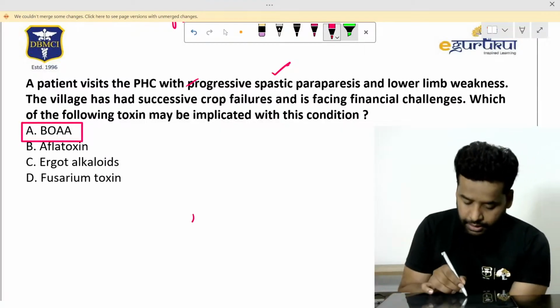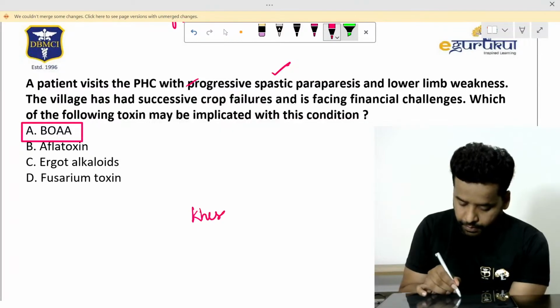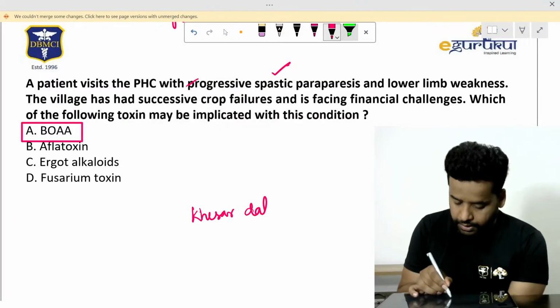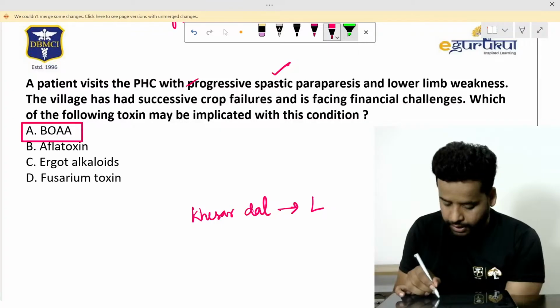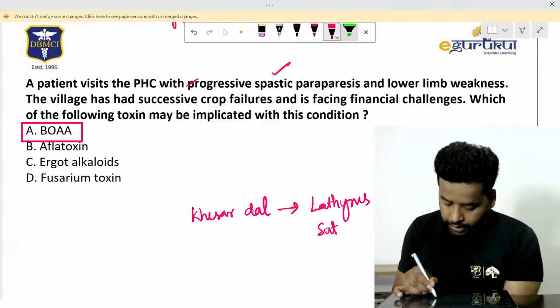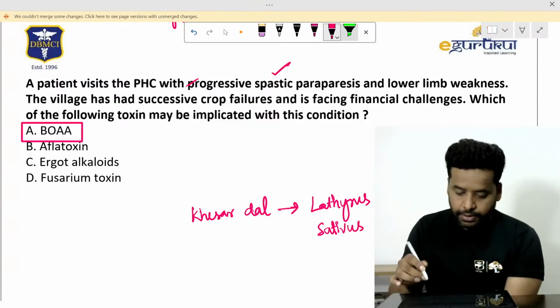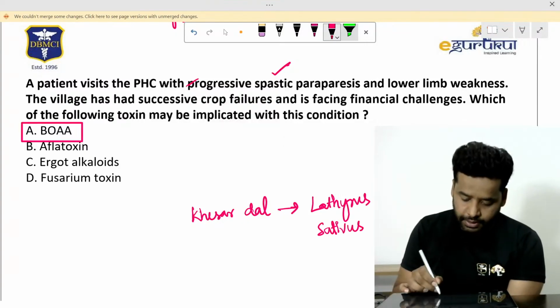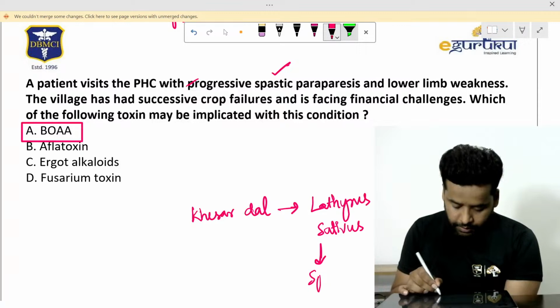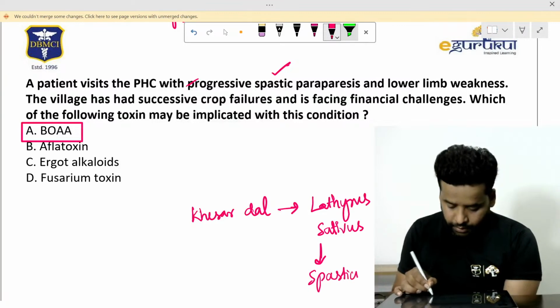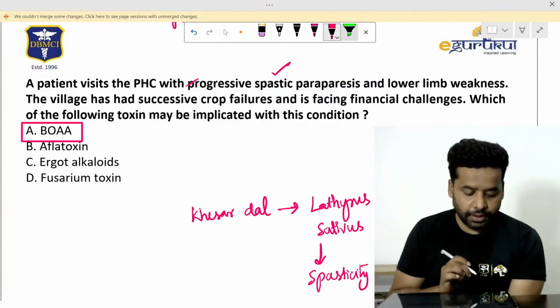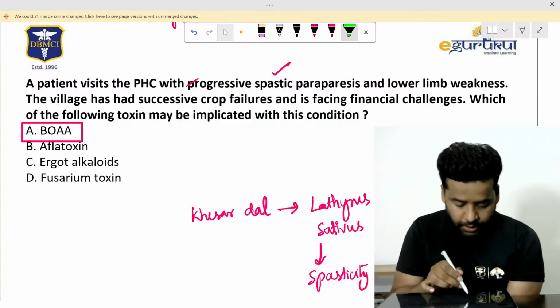So Kesar dal consumption. Lathyrus sativus. So S for sativus, S for spasticity. Remember like this. Spastic paralysis, the toxin will be BOAA.